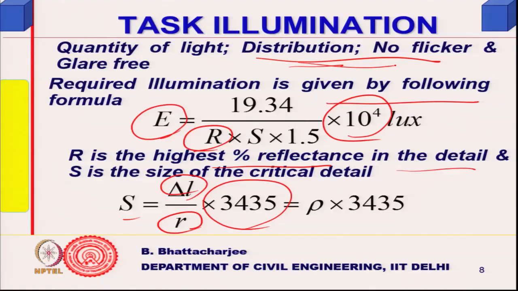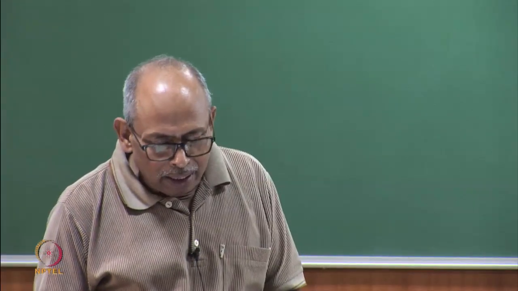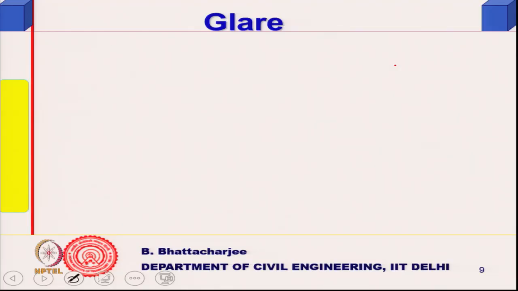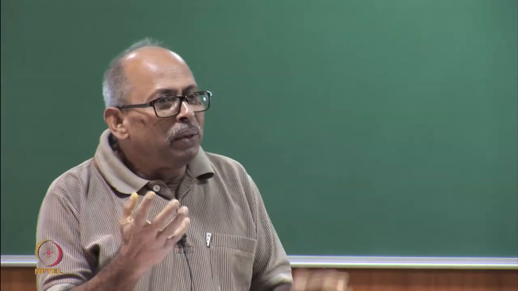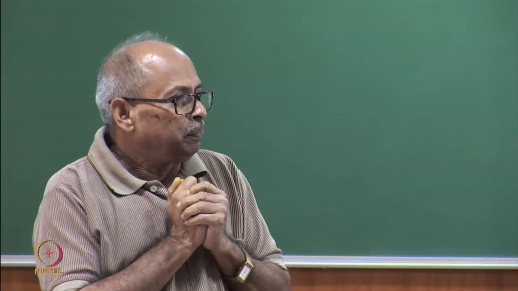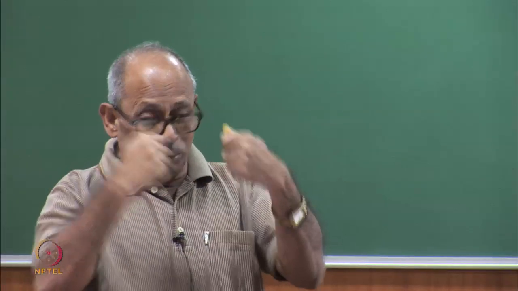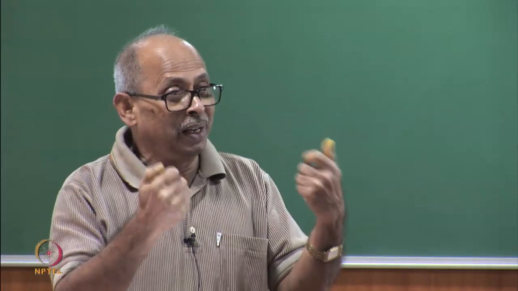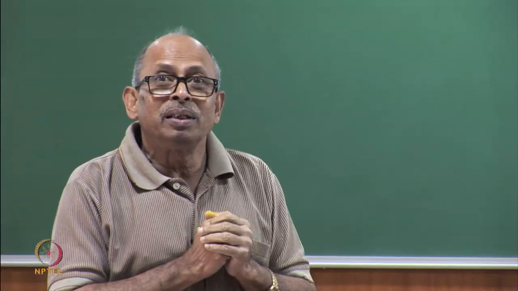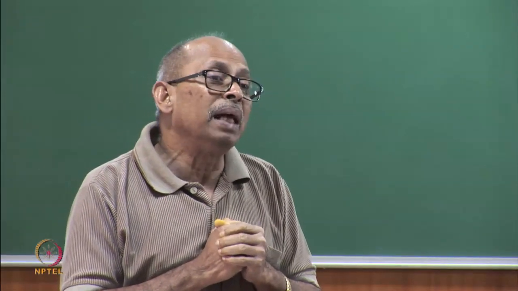The next thing is glare. Now I am not sure if I am defining glare. Yes, I am defining glare here. And what is glare? Glare is when too much light falls onto your eye, you don't see anything, just don't see anything. Somebody puts a torchlight onto your eye, you don't see anything, right. So that's actually called disability glare.